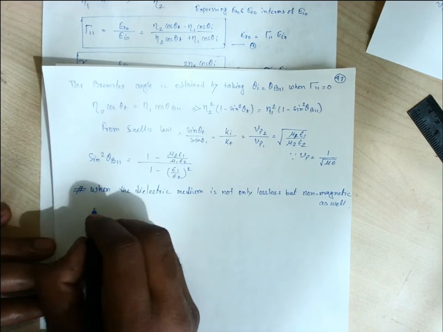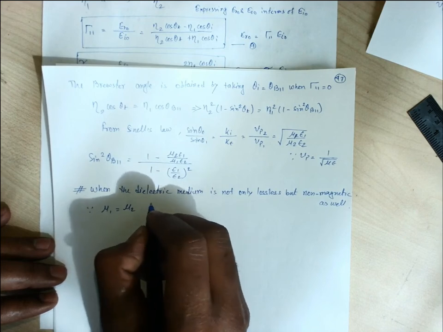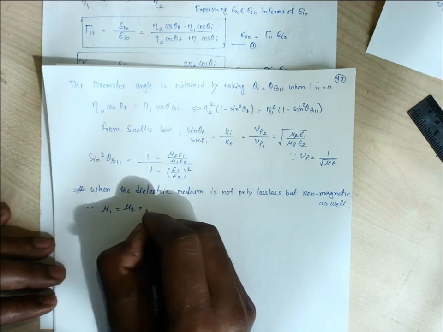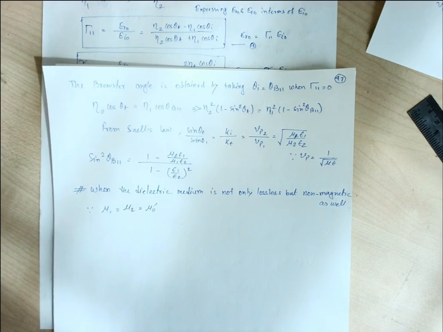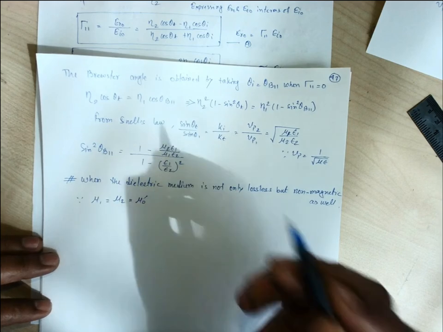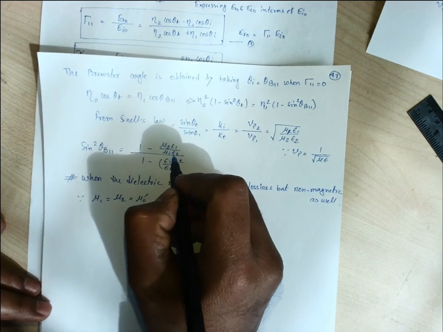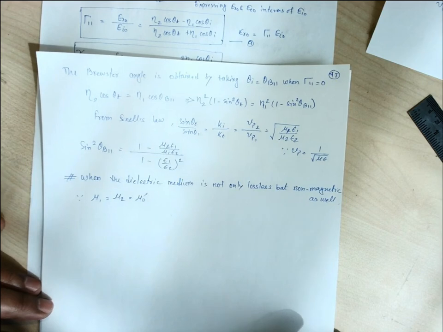So here mu 1 is equal to mu 2 is equal to some known value, let us consider mu naught. So we consider medium 1 and medium 2 to be non-magnetic. So for this case, mu 1 and mu 2 will be the same, right? So it will be 1 minus epsilon 1 by epsilon 2, this one will be the same, right?